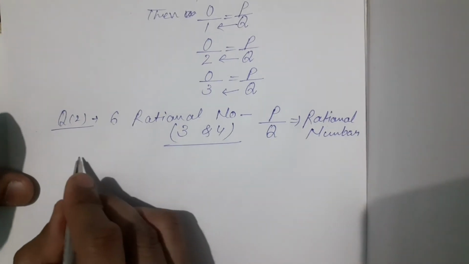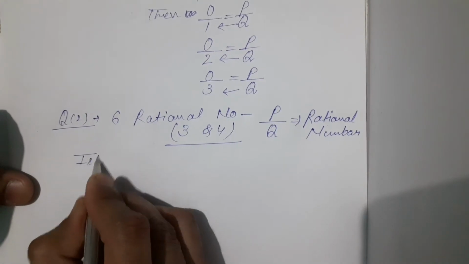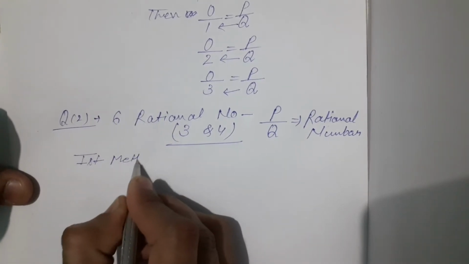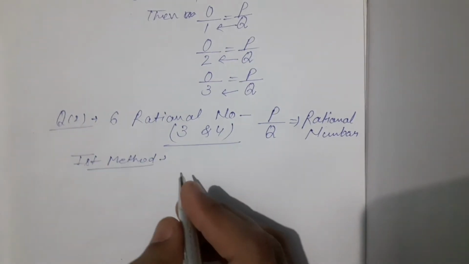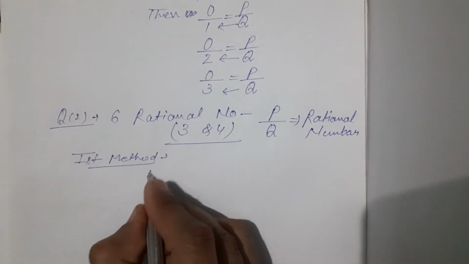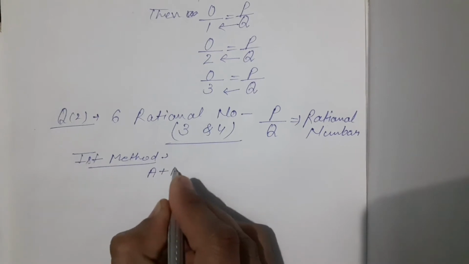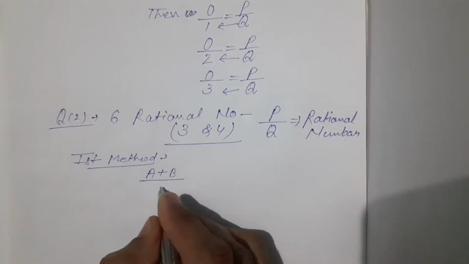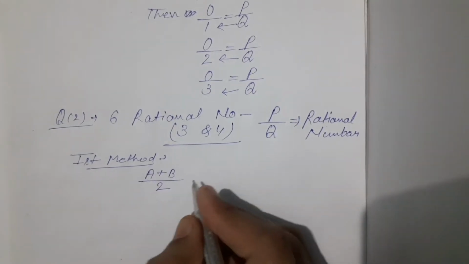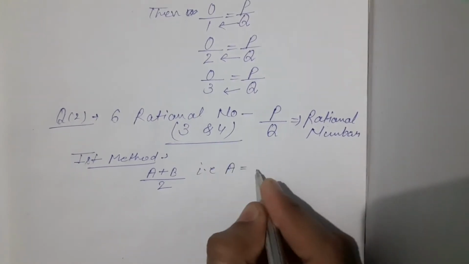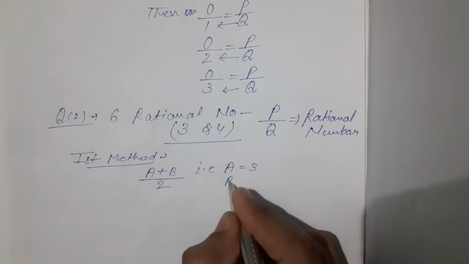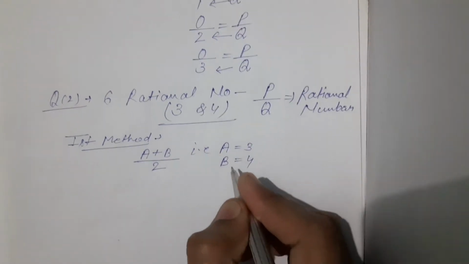The first method is to simply add the given 2 numbers and divide by 2. Here a equals 3 and b equals 4.